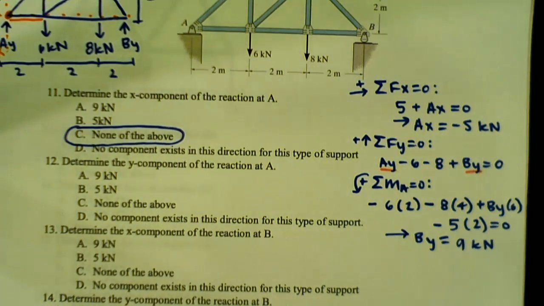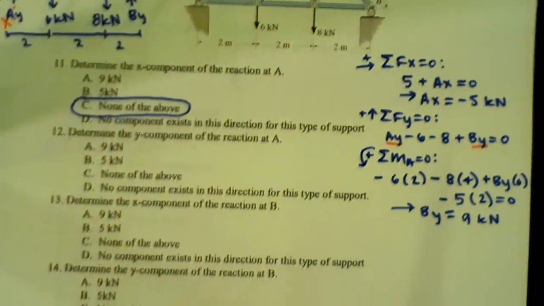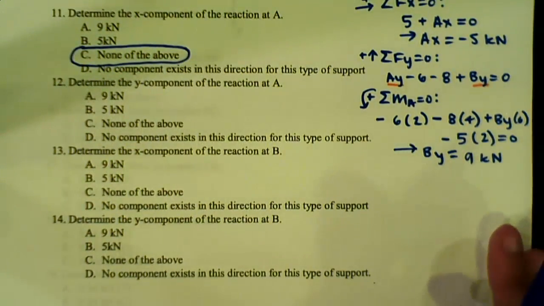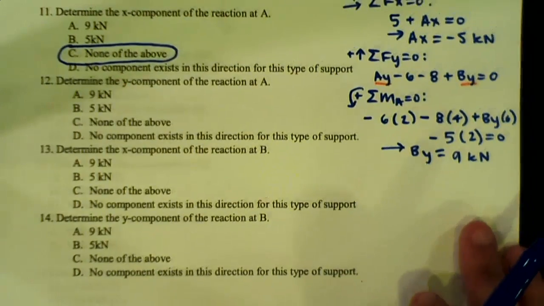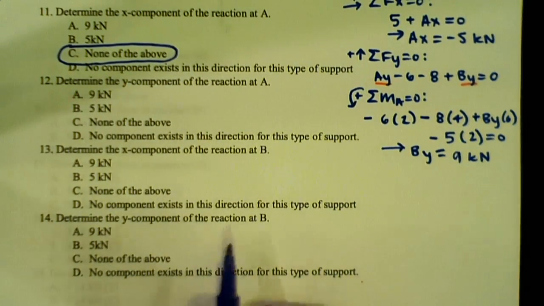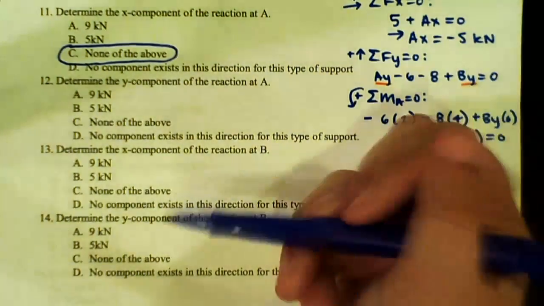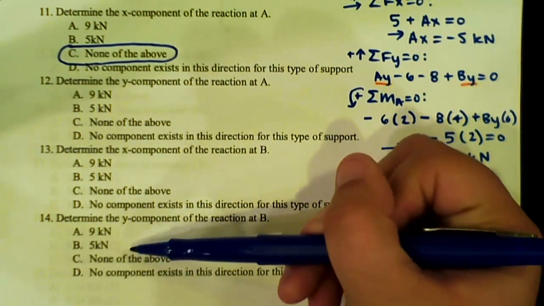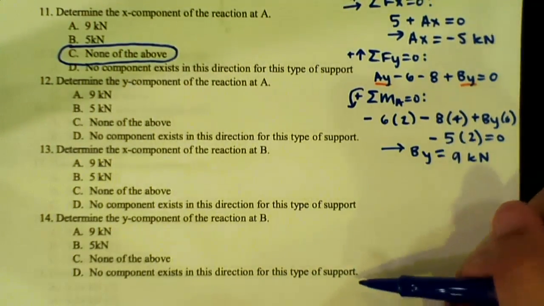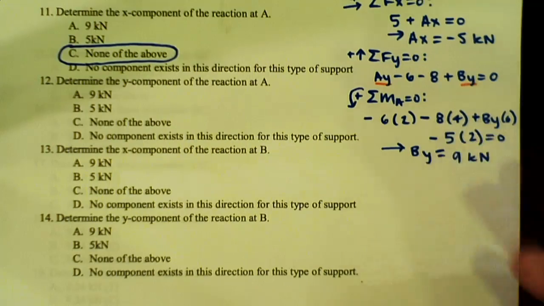If we look at our number 14, we found that the y component of the reaction at B is equal to 9 kilonewtons. We have A as 9 kilonewtons, B as 5, C as none of the above, and D as no component exists.